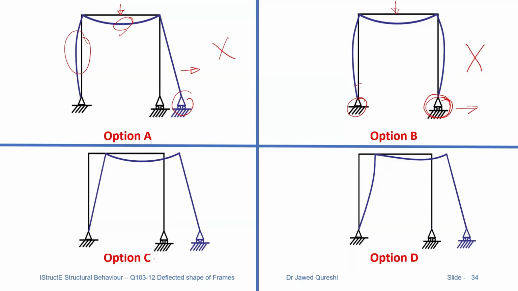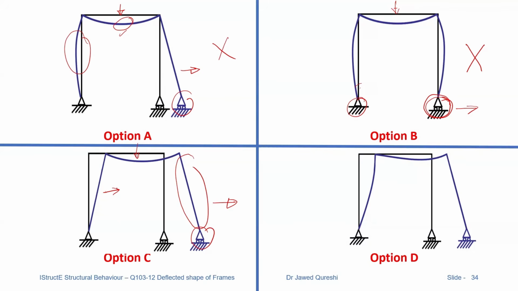Now here, this option looks promising to me because when you apply loading, tendency for this frame is that it will move towards right because of this roller support. And when this is moving towards right, it will bring in column C to move towards right as well.